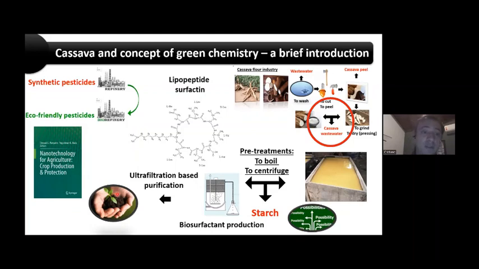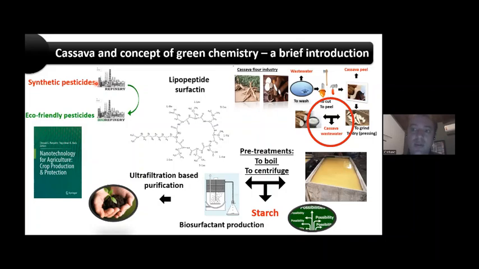With that purified product, we have plenty of opportunities to apply in pharmaceuticals, for instance, in food, but personally speaking, I think one of the most promising applications is in agriculture.